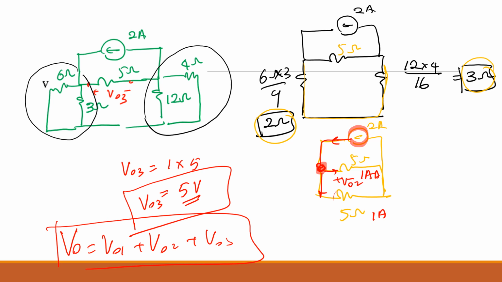So the current going across the 5 here is 1 amp. Current times the resistance will give you the voltage, which is 5 volts. Then you have to consider all three that we have found so far. You remember the previous steps? V naught 1 plus V naught 2 plus V naught 3. We are adding all together, then we get V naught. Are we good?